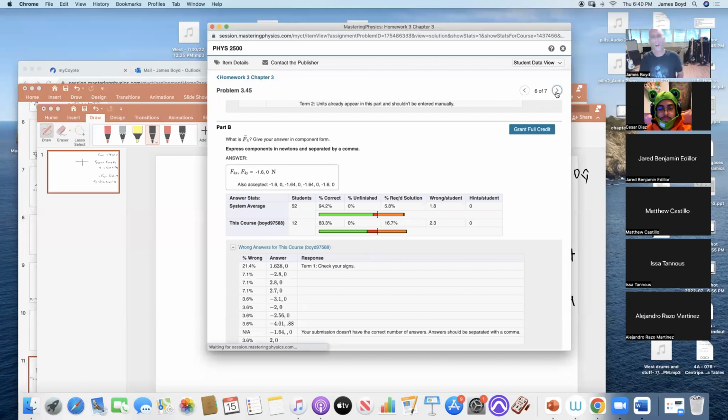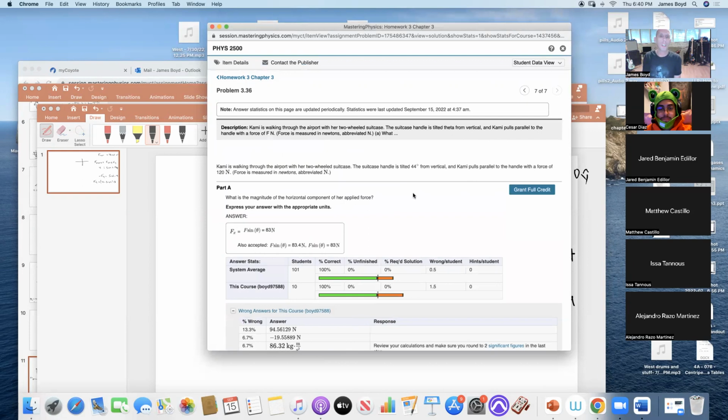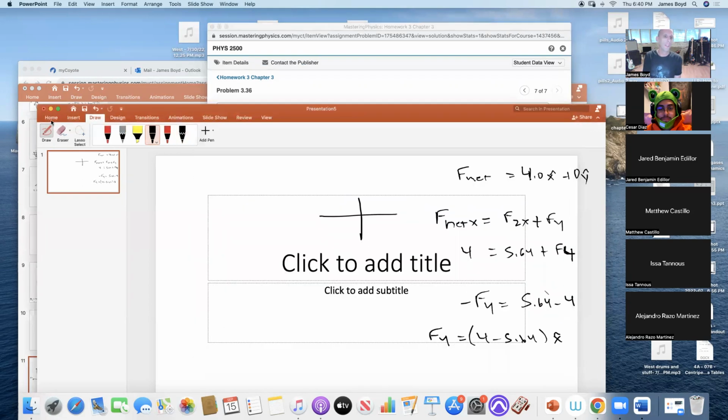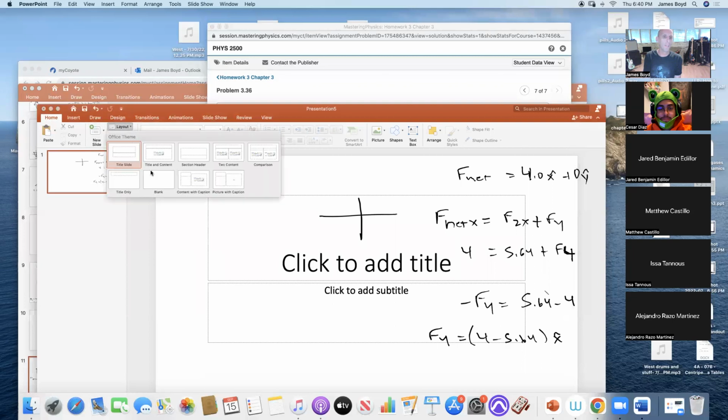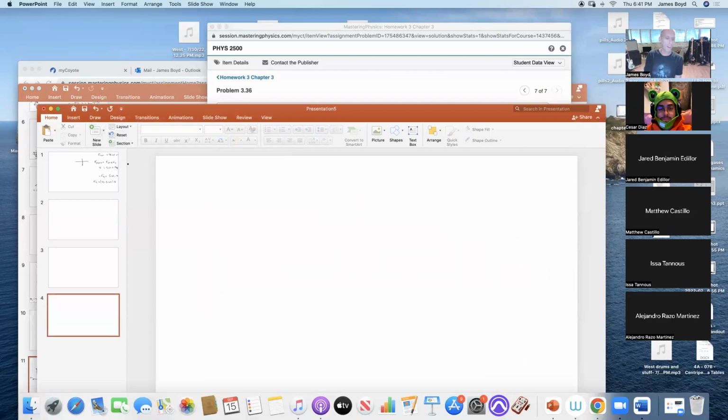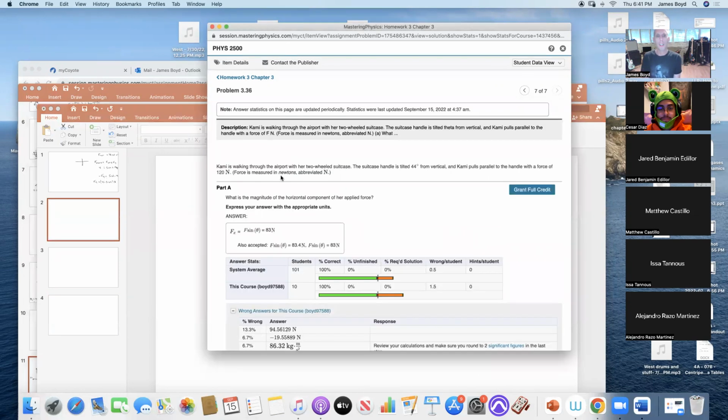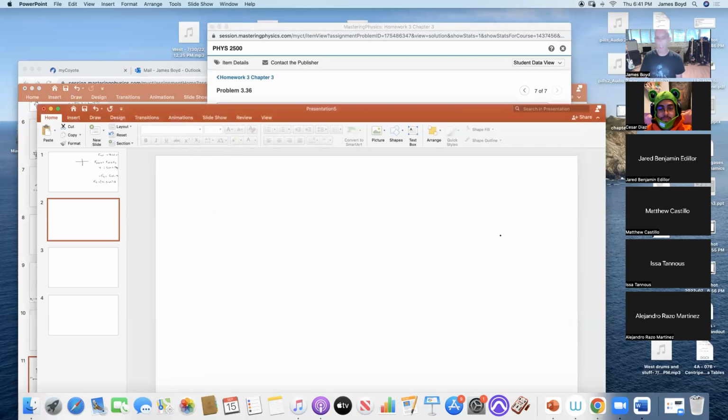All right, our final bit is back to figuring out parts of forces. Cami is walking through an airport with a 2-wheeled suitcase, and it's tilted at 44 degrees from the vertical. She's pulling parallel with a force of 100 newtons. What is the magnitude of the horizontal component of the applied force?